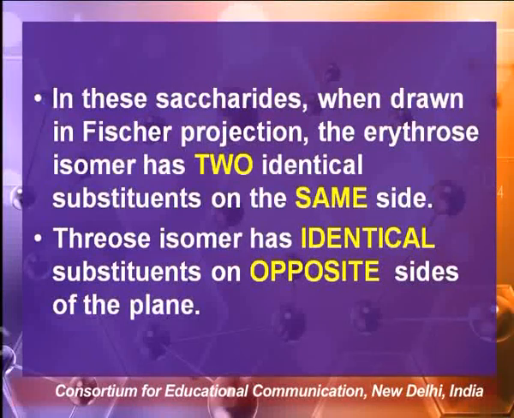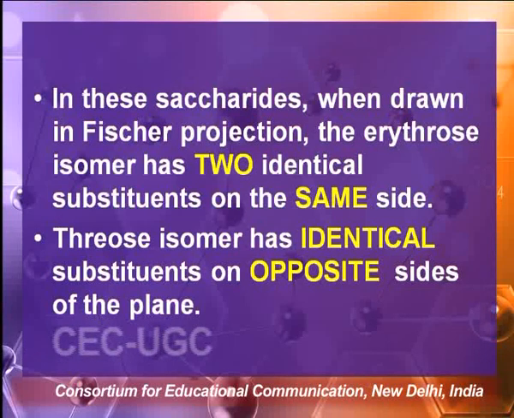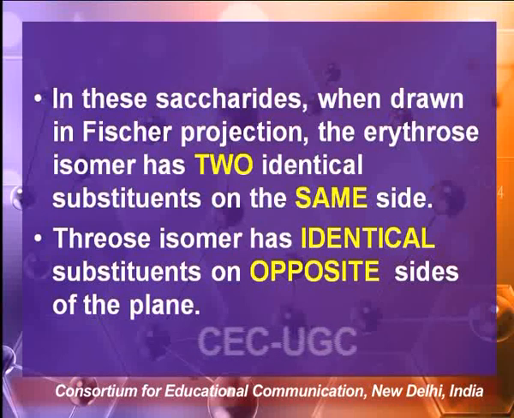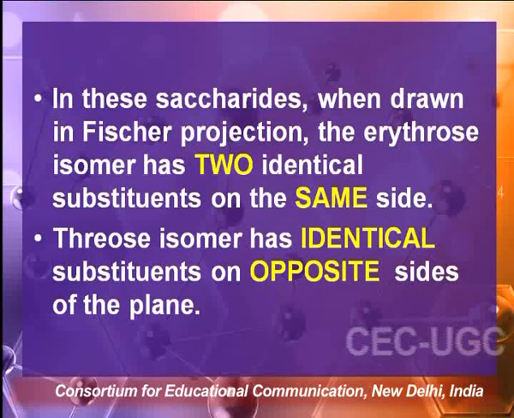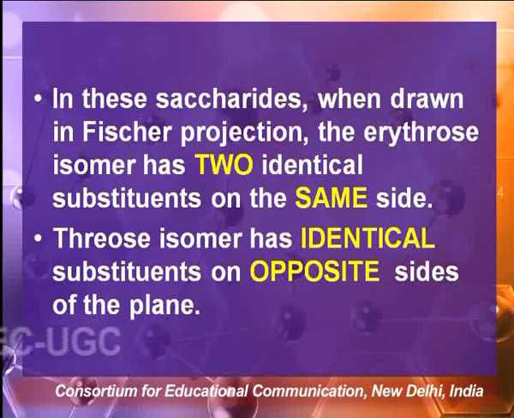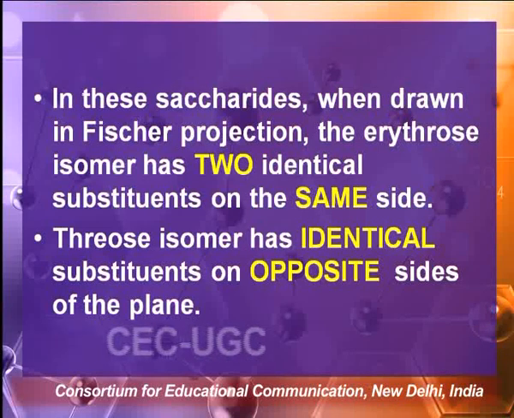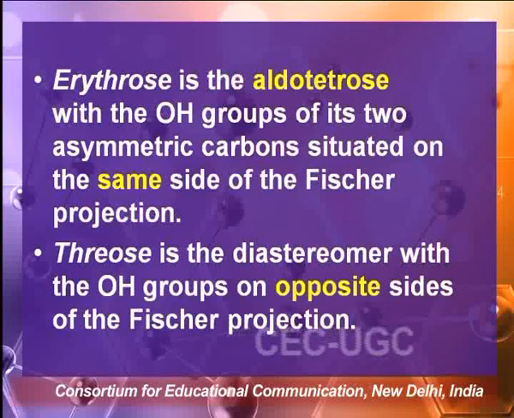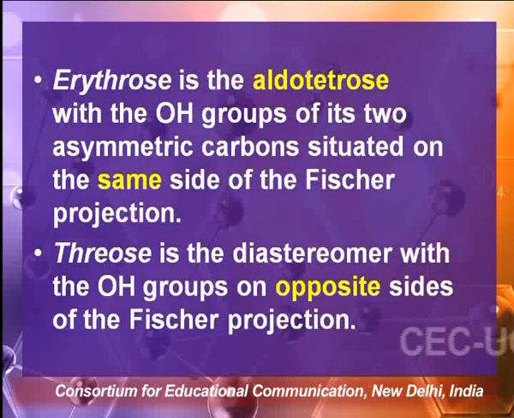In these saccharides, when drawn in Fischer projection, the erythro isomer has two identical substituents on the same side of the horizontal line, whereas the threo isomer has identical substituents on the opposite side of the horizontal lines.